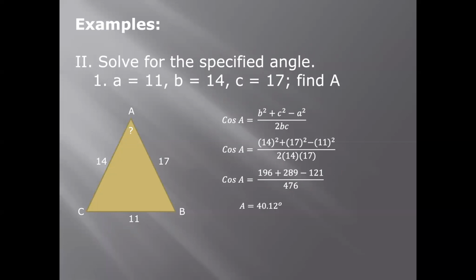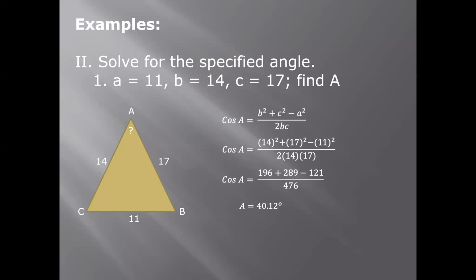Therefore, you will arrive at 40.12 degrees, meaning the value of angle A is 40.12 degrees. So that is how we use the law of cosine in solving for a specified angle of an oblique triangle.